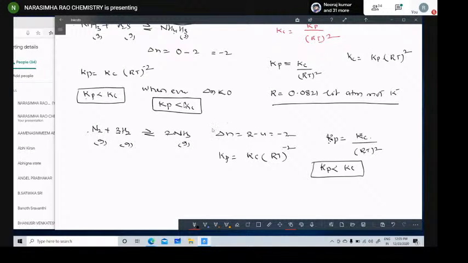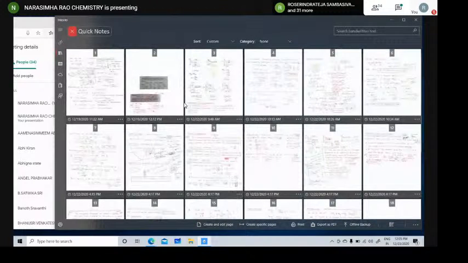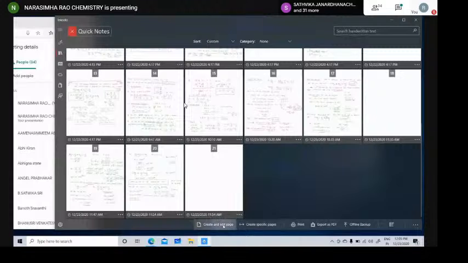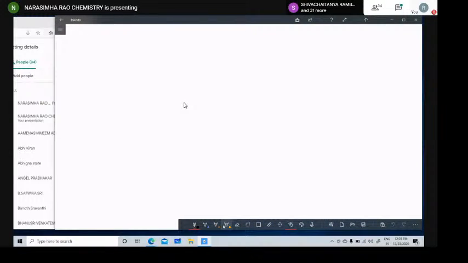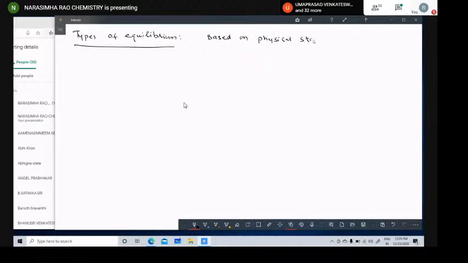Types of equilibria, or equilibrium, based on physical states of reactants and products.